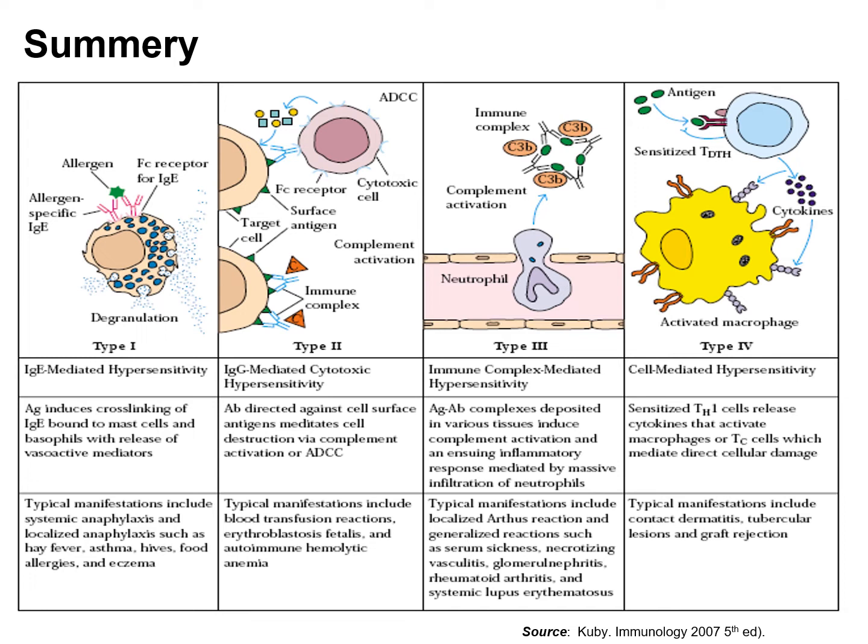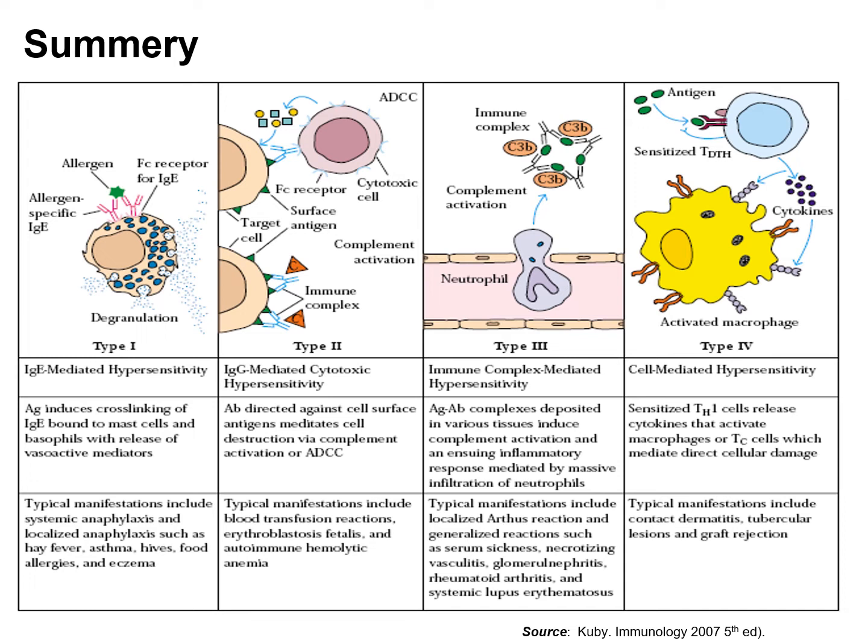Type 3 is immune complex mediated. So this immune complex is deposited in the tissues that activates the neutrophils and other inflammatory cells. So the manifestation of this would be called the Arthus reaction or serum sickness and some other secondary diseases.